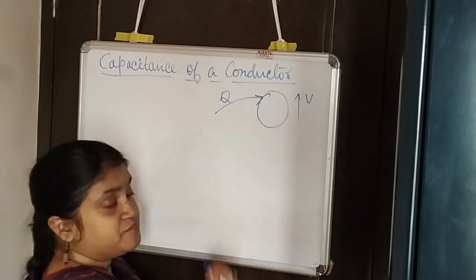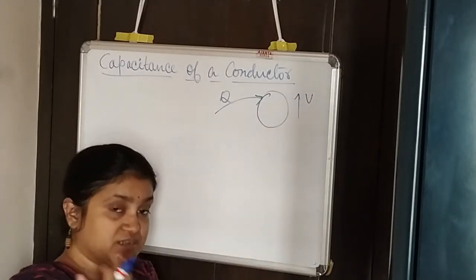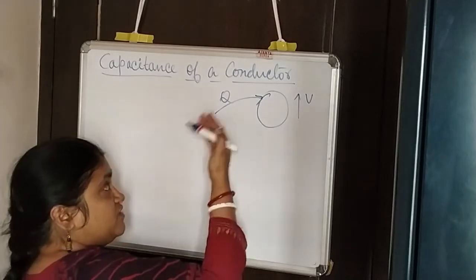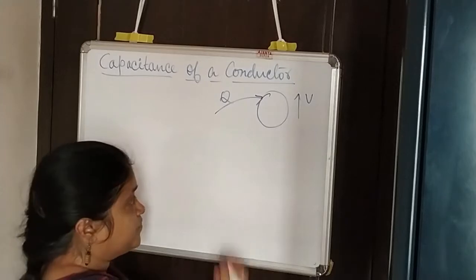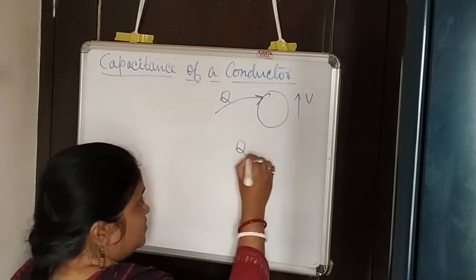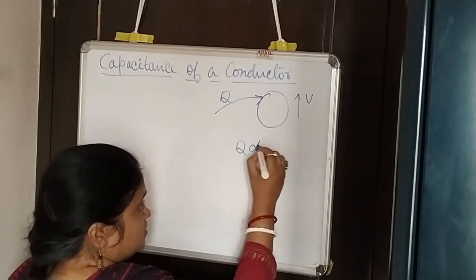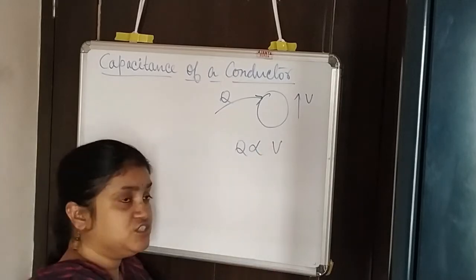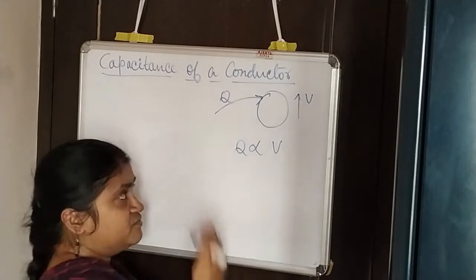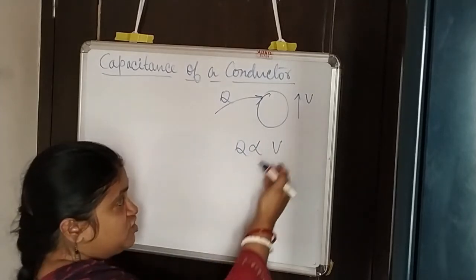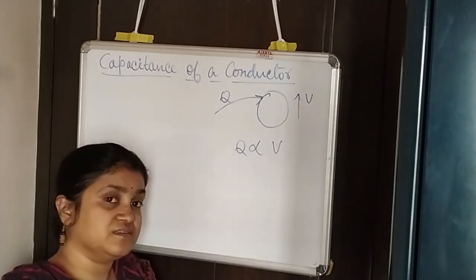This increase of potential, or this rising of the potential as you give the charge for a conductor to hold, is proportional in nature to each other. It means the more you give the charge, the potential difference would slowly increase.